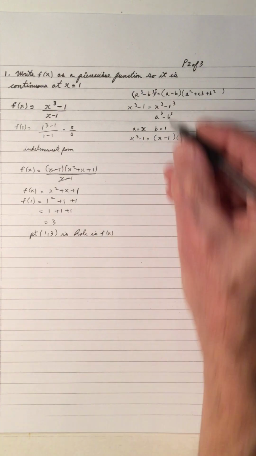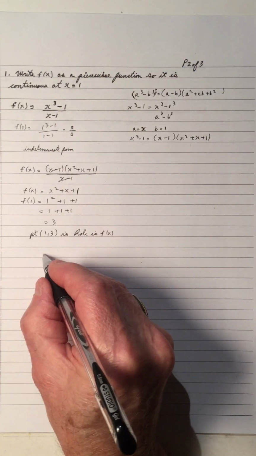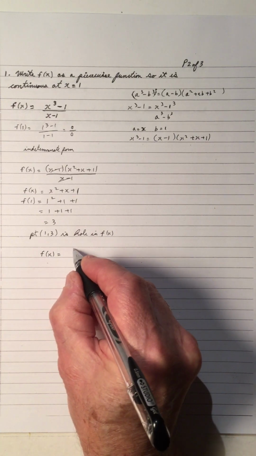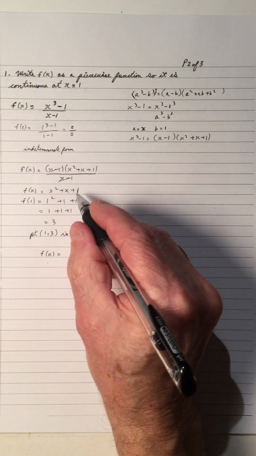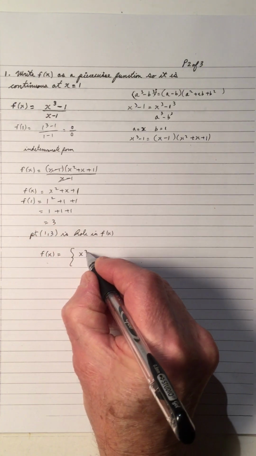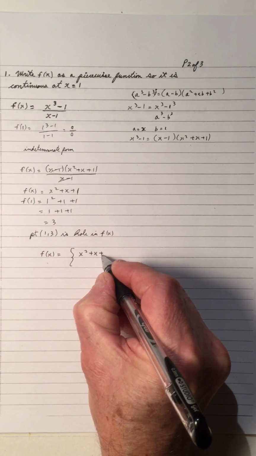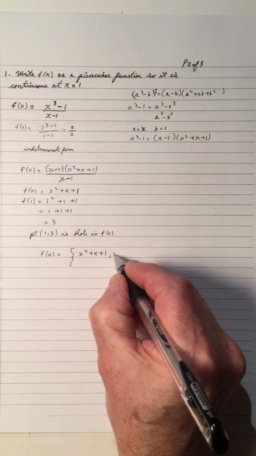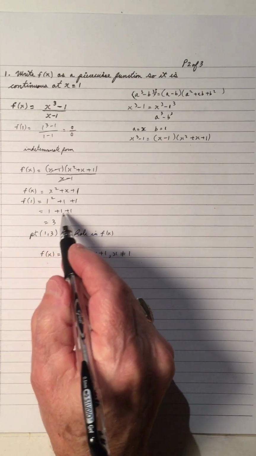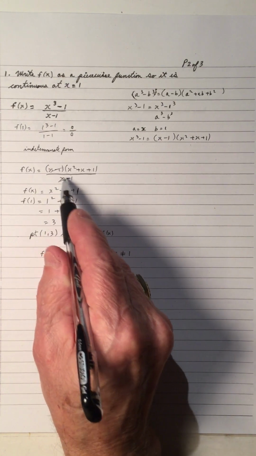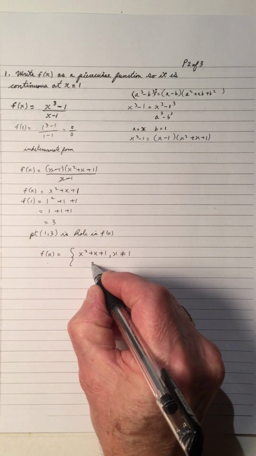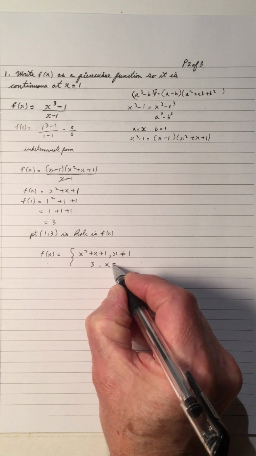To write it as a piecewise function, f of x is x squared plus x plus 1 when x is not 1, and it's 3 when x is equal to 1.